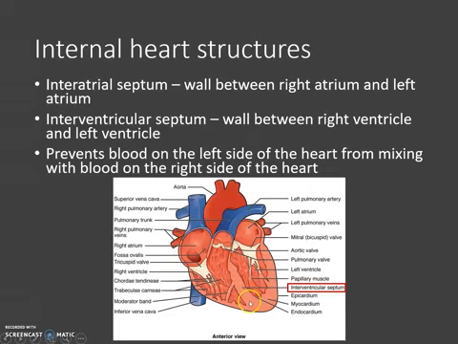And then the interventricular septum here is a wall between the right ventricle and the left ventricle. And once again, this is cardiac muscle tissue, so it's involved in contracting to move blood around the body, but it also creates a barrier between the deoxygenated blood on the right side of the heart and the oxygenated blood on the left side of the heart.